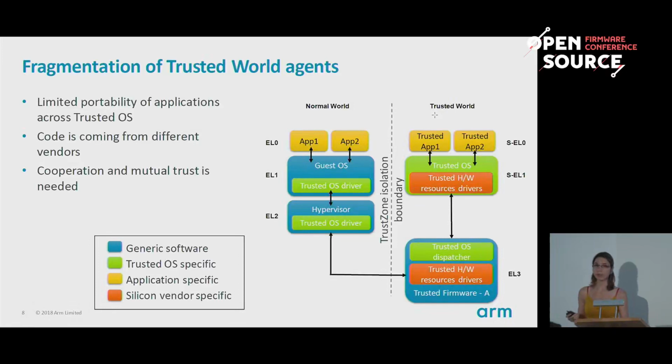And the fact that there is no proper isolation between the trusted OS and the firmware, and that they are provided by different vendors, means that these people have to trust each other. These software images have to cooperate to some degree, and that's an issue.